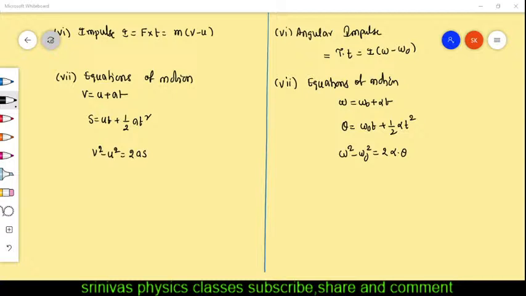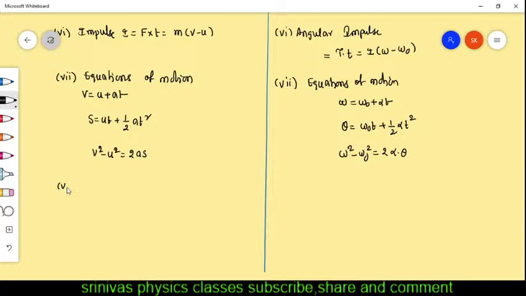Right, Alok? Impulse is the force into time. Now you see equations of motion completed.